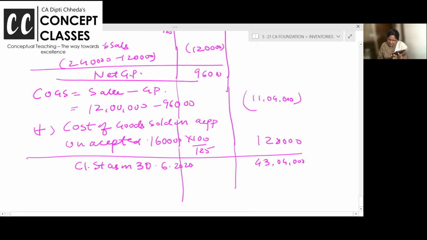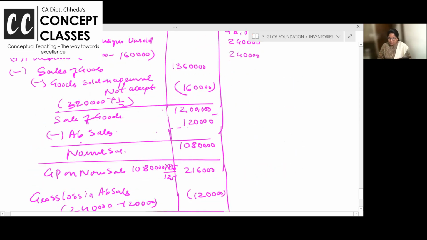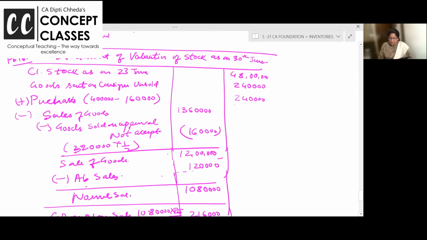4,000. In this you will add goods purchased in transit. See, first listen, then you write. ये देखो, 4 lakh goods were purchased between 23rd June to 30th June. They were purchased, but they were in transit. Out of 4 lakh, 160 is on transit. So 30th June तक 240 मिला है.